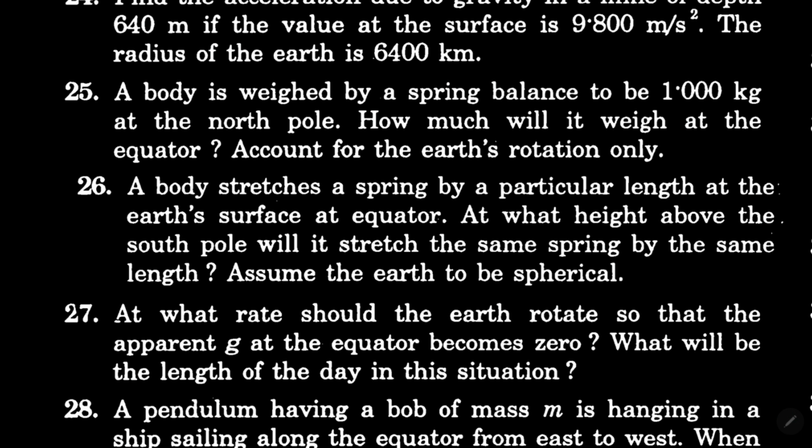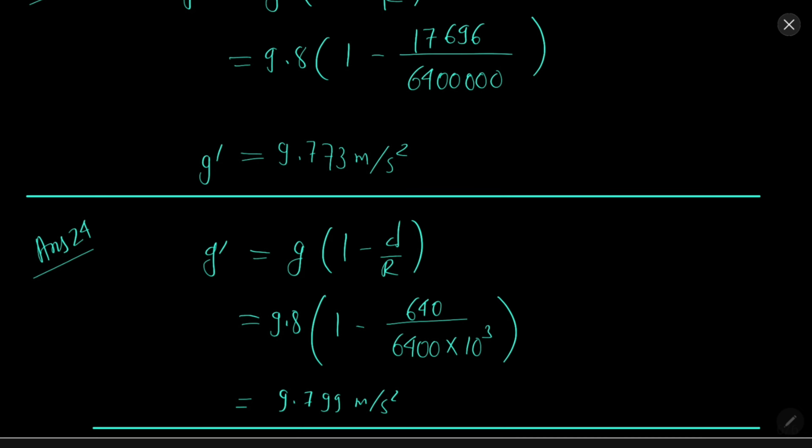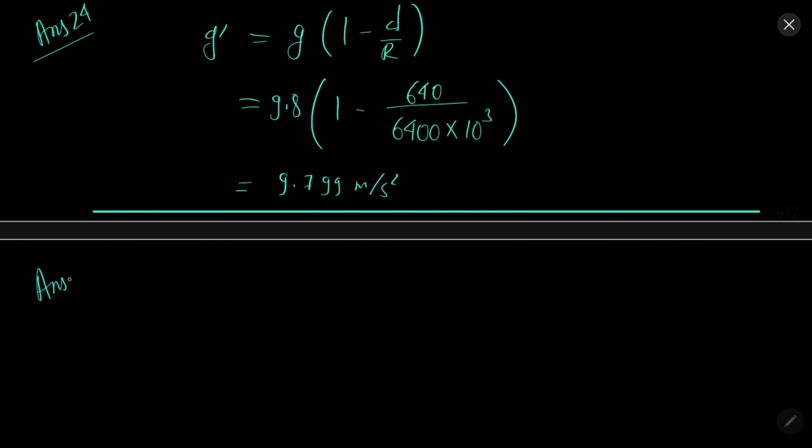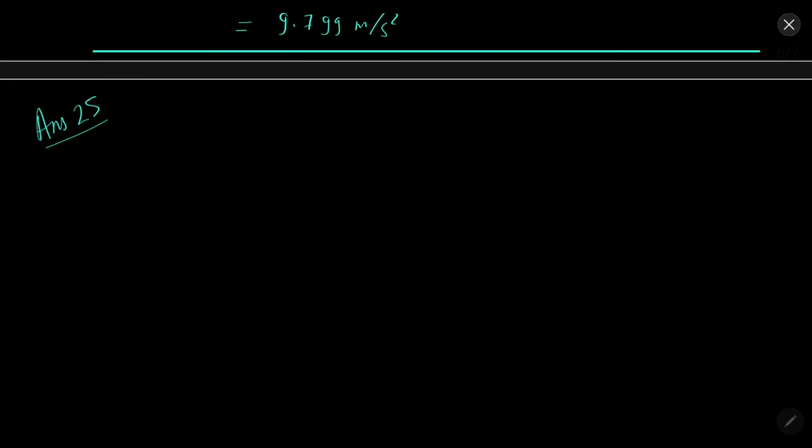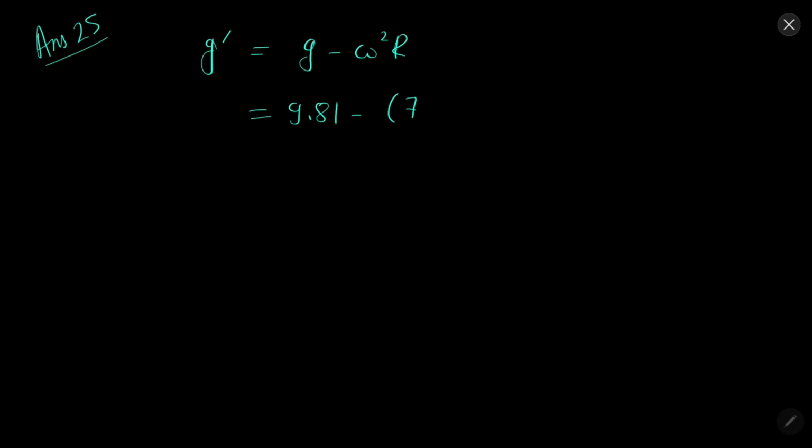In question 25, a body is weighed by a spring balance to be 1 kg at the North Pole. How much will it weigh on the equator? So the Earth is not properly spherical, it is bulgy. Because of the rotation, the value of g will be different. So g dash will be g minus omega square r. So 9.81 minus 7.3 into 10 to the power minus 5 square into radius of Earth in meters.